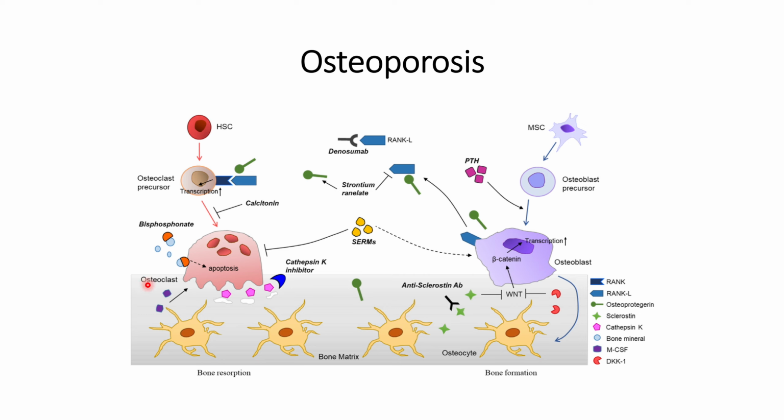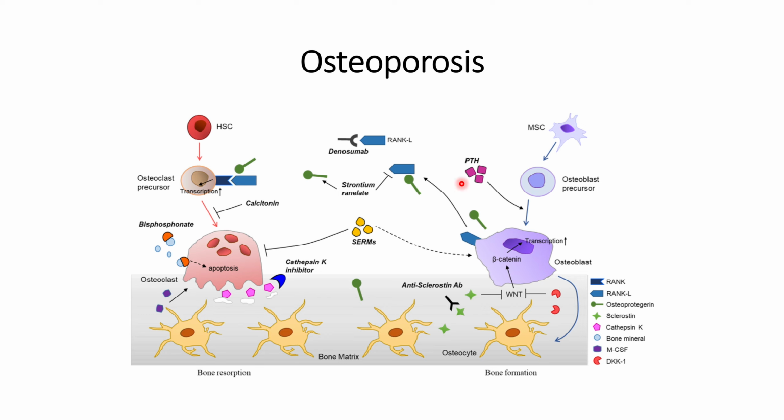The maturation of the osteoclast happens with the help of this CSF, and the mature osteoclast then leads to bone resorption with the help of cathepsin K. The cathepsin will take away some part of the bone into the cells and tissues. So this is one part of osteoporosis, that is bone resorption.